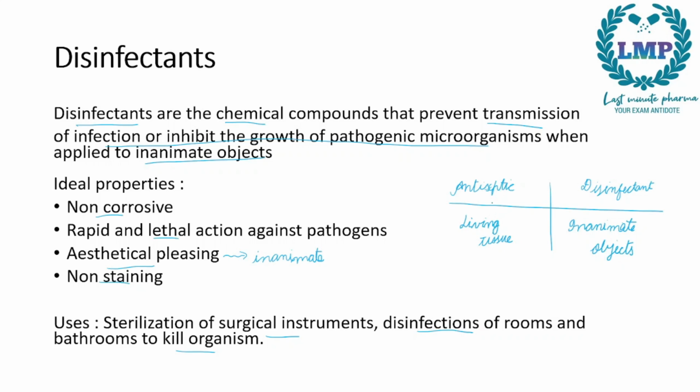So antiseptic to living tissues and disinfectant to inanimate objects. An example of antiseptic can be Dettol. We will use Dettol on wounds. And for disinfectant, any inanimate objects, like there is Lysol for floor cleaning. These are the two examples.